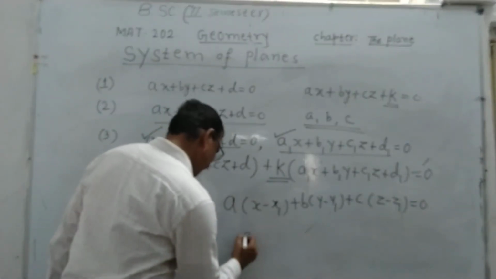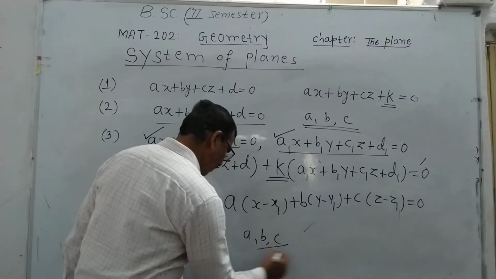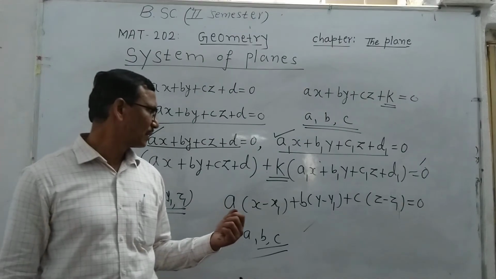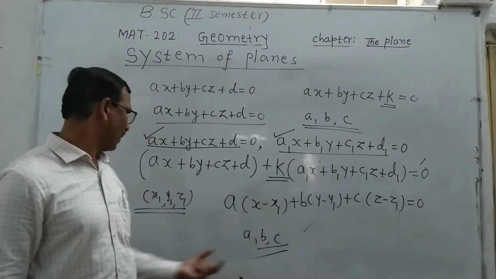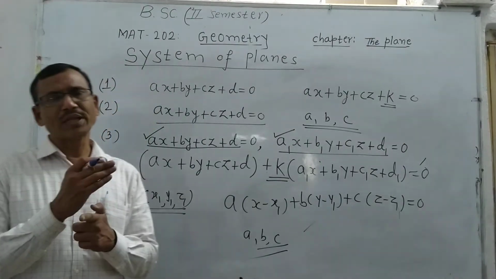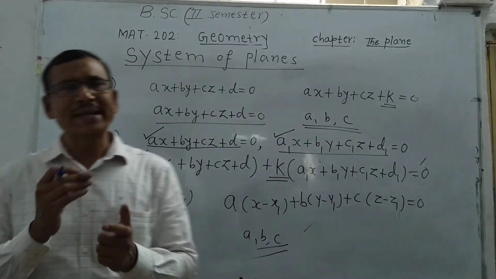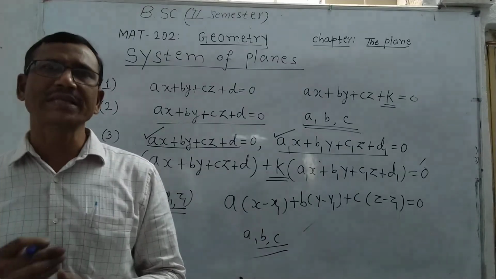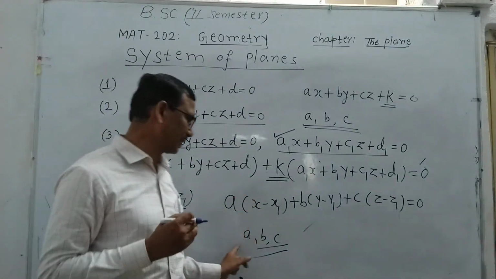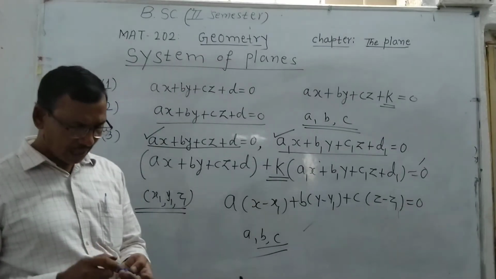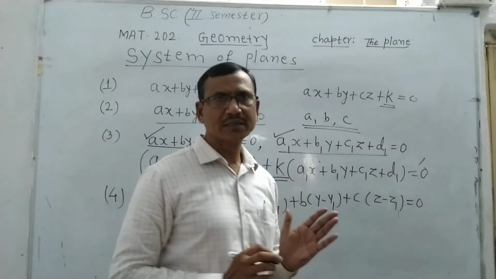In this case, a, b, c are the parameters. As a, b, c change, the equation of the plane passing through this point also changes, because we know that infinite planes pass through one point, and the equations of these planes are obtained by changing the values of a, b, c.